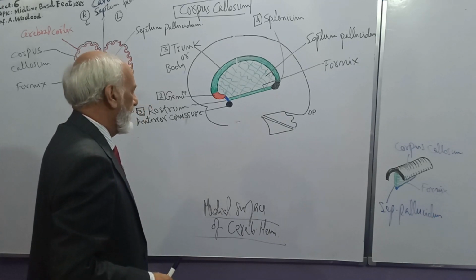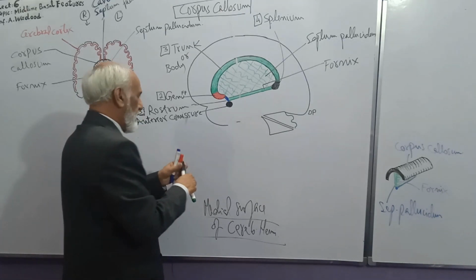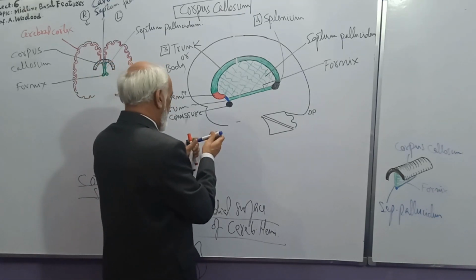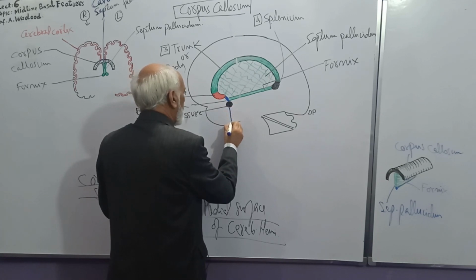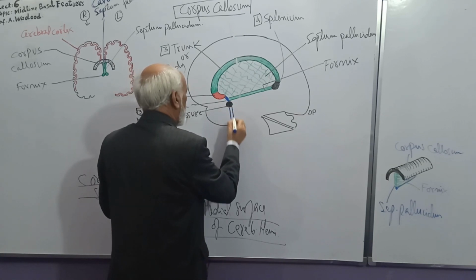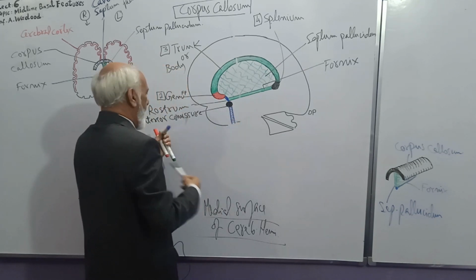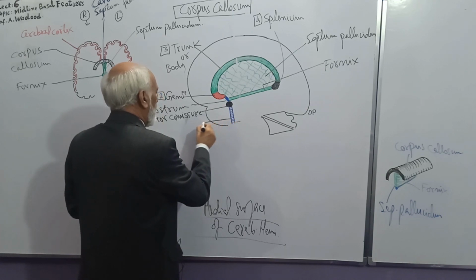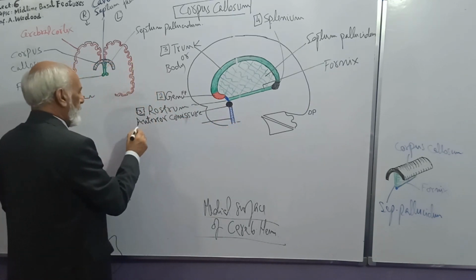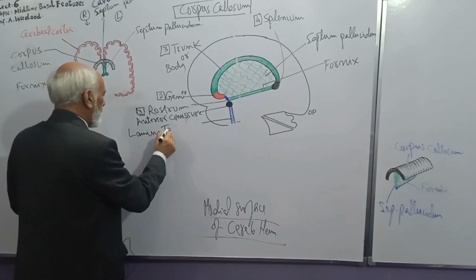Now below the anterior commissure, there is again a layer of nervous tissue extending downwards from the anterior commissure. This is known as the lamina terminalis. Lamina means layer, terminal layer. A vertical membrane. In section, we will draw it like this, known as the lamina terminalis.